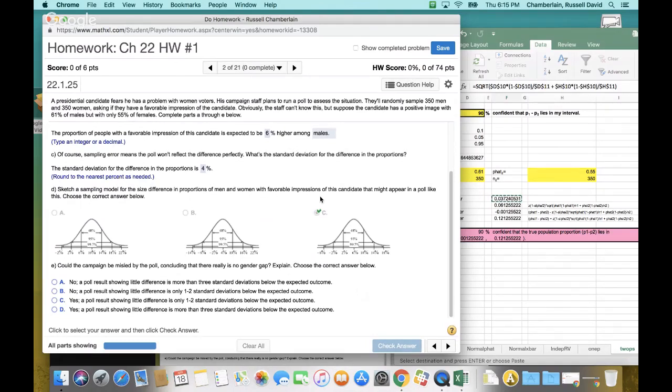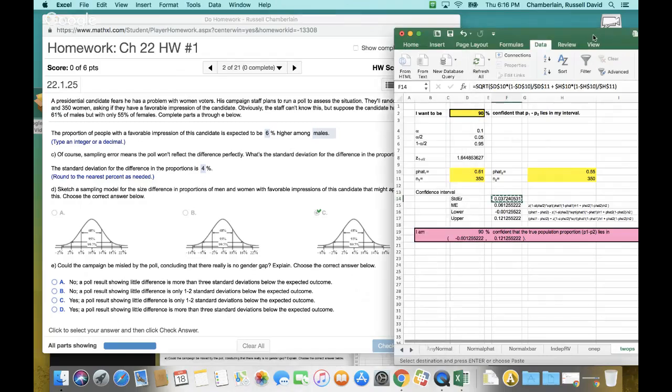So, could the campaign be misled by the poll that there is really no gender gap? Choose the correct answer below. So, the idea is, is 0 in our confidence interval?